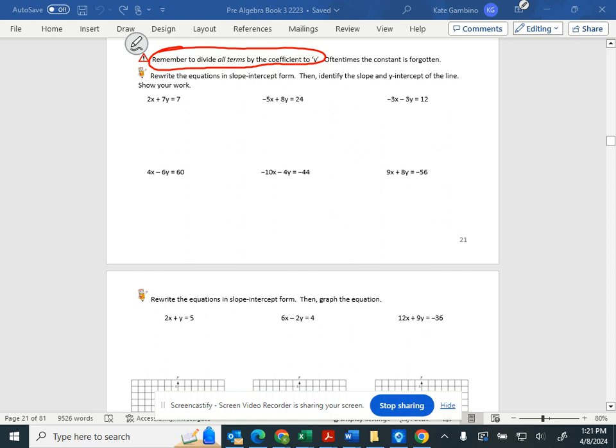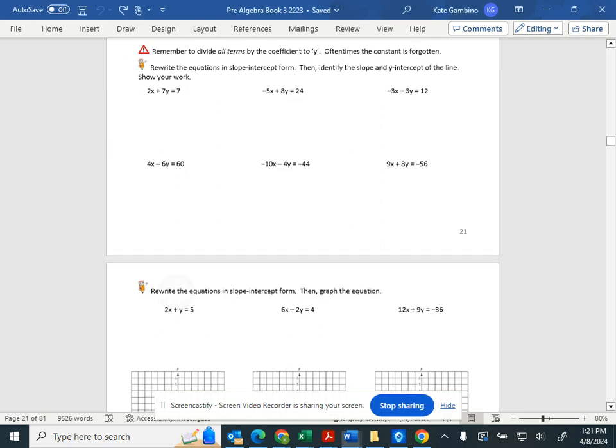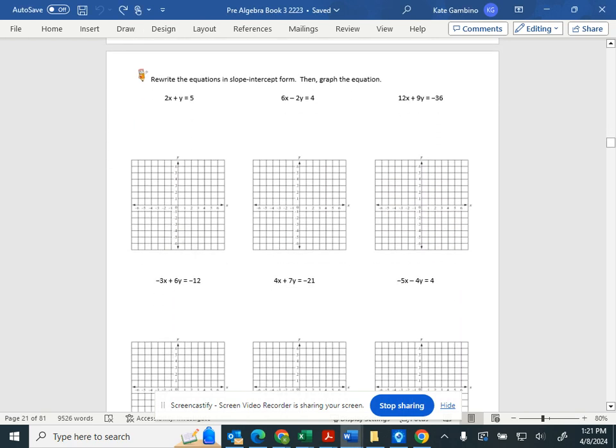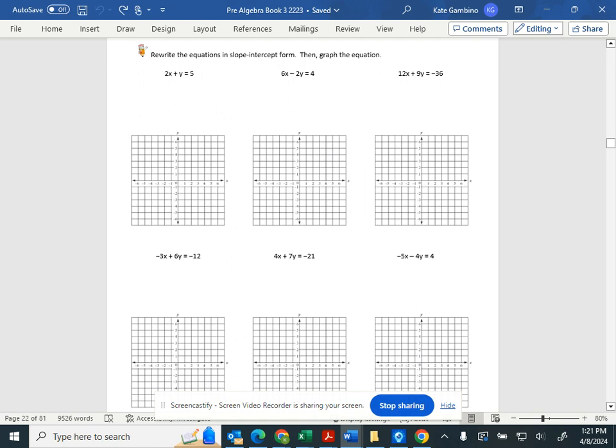As you work on these bottom ones by yourself, remember to divide all the terms by the coefficient of y. You divide your slope by it, you divide that y-intercept by it, divide everything. Paying careful attention to our negatives. Minus becomes negative. On our second page, you're going to rewrite these equations into slope-intercept form.